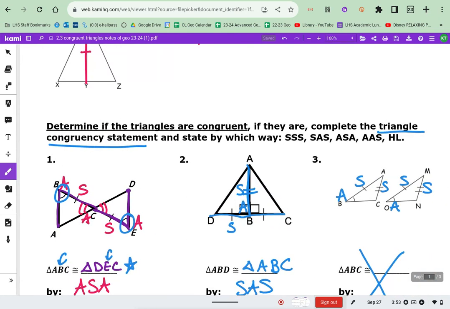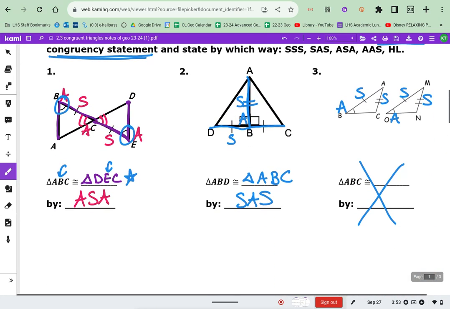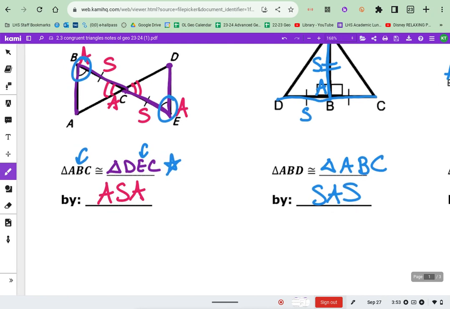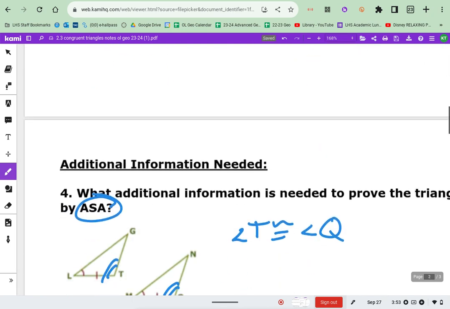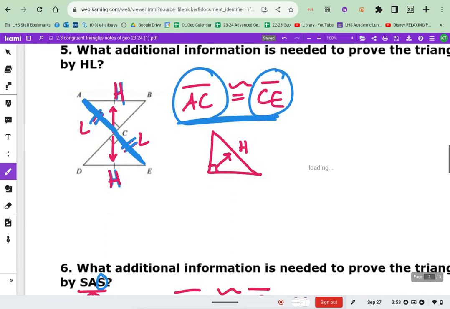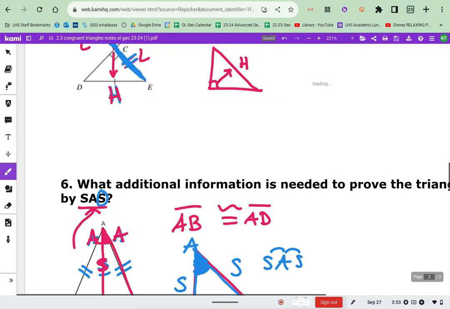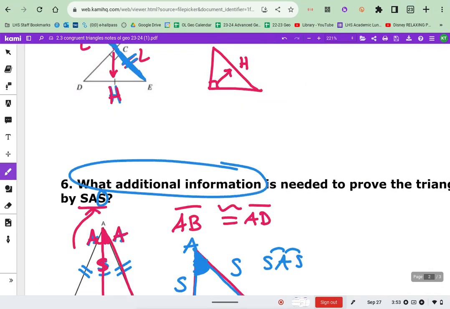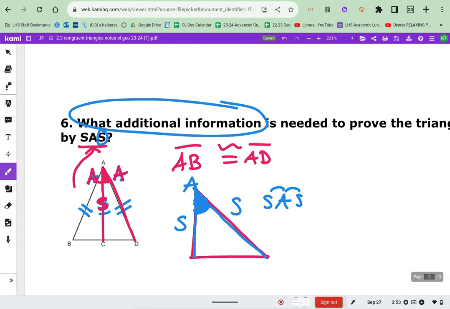These are triangle congruency statements. Versus down here, it just says what additional information is needed. So the additional information that we need is to add a side, and that's why we name segments.